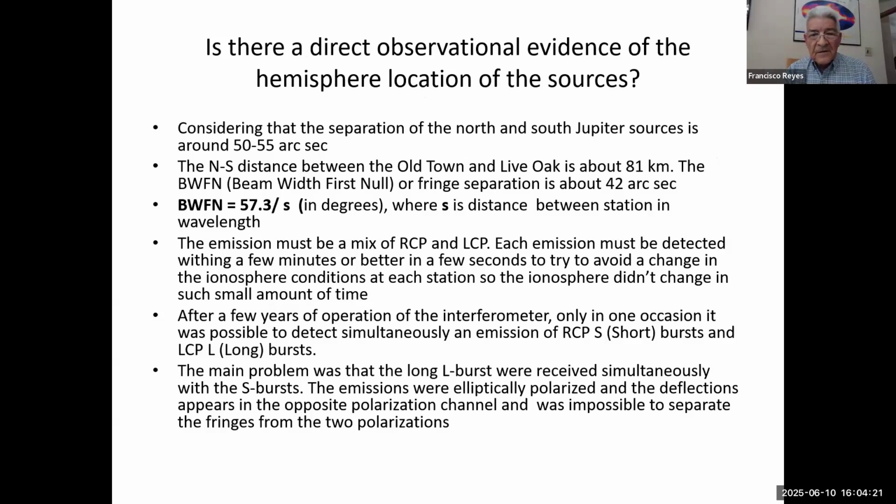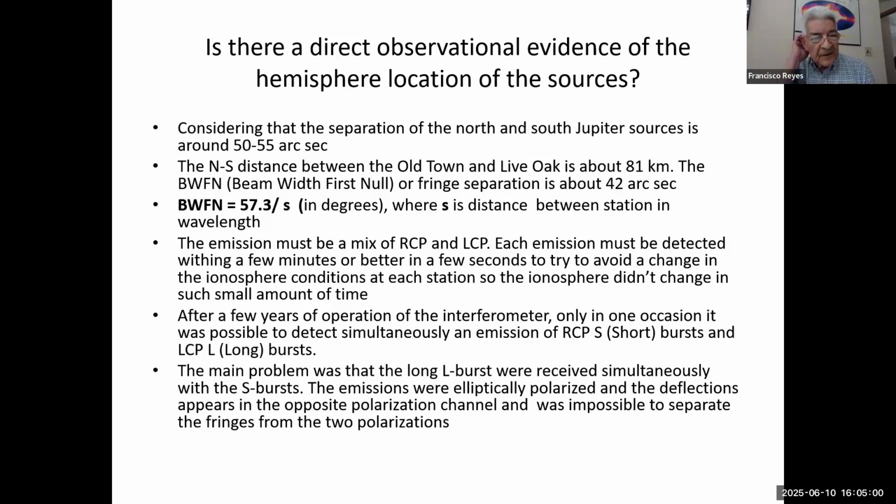Considering that the separation in the north or south source can be in the range of 50 arc seconds, and if you consider the north-south distance between Old Town and Live Oak to be about 81 kilometers or so, the beam width between first nulls, or what is called the fringe separation, is about 42 arc seconds. So it's barely enough to have either the north or south source within one of the beams there.